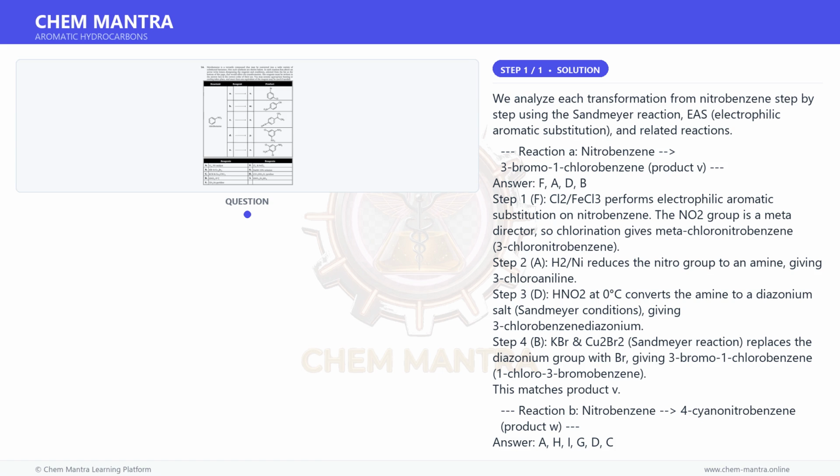Step 1. A reduces NO2 to NH2, giving aniline. Step 2. H acetylates with CH3CO-2-O/pyridine to give acetanilide, protecting NH2 and making it an ortho-para director. Step 3. I nitrates with HNO3/H2SO4. The acetamido group directs ortho-para, so para and ortho positions get NO2 groups, using excess reagent, giving 2,4,6-trinitro or selectively 4-nitro.